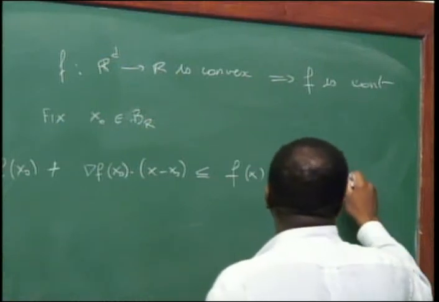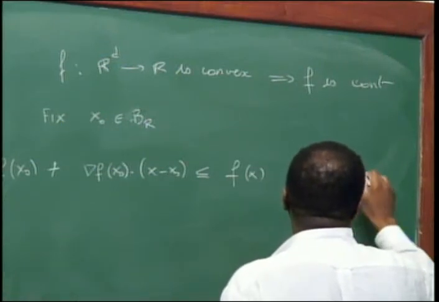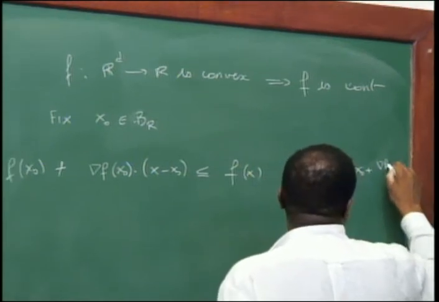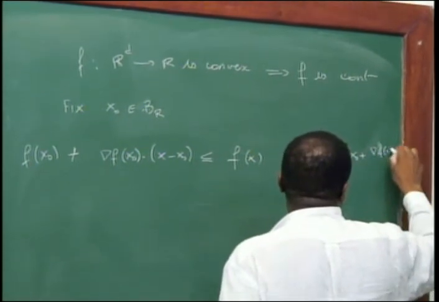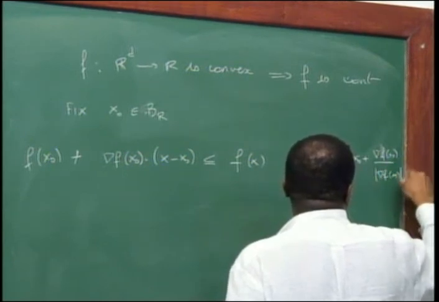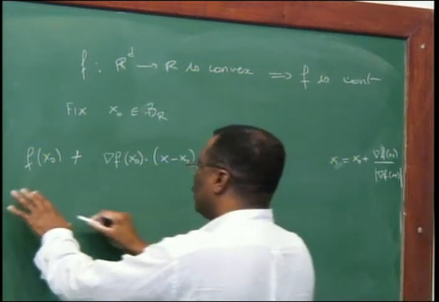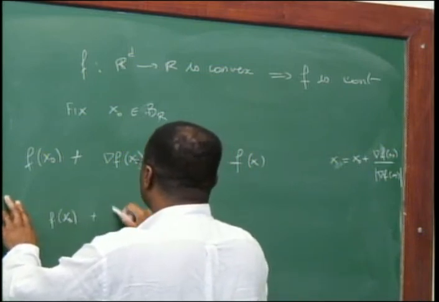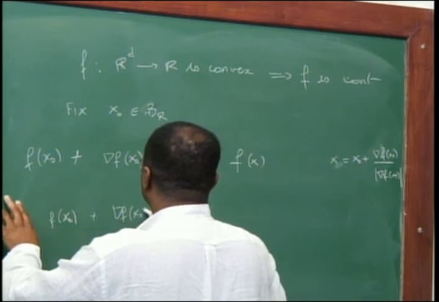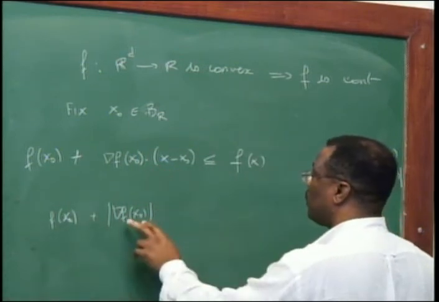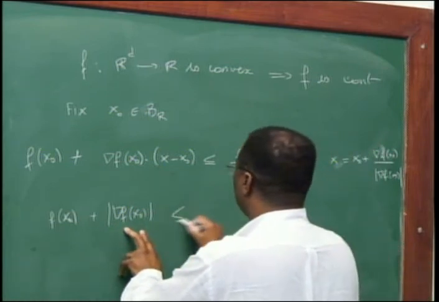So take s equal to s naught plus the gradient of f at s naught divided by the norm of the gradient of f at s naught. And plug this here. You have f of s naught, there you have the norm of the gradient of f at s naught, because s minus s naught multiplied by this unit vector is the norm of the gradient of f at s naught.